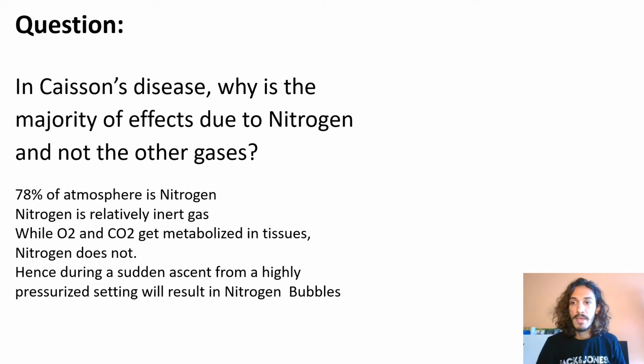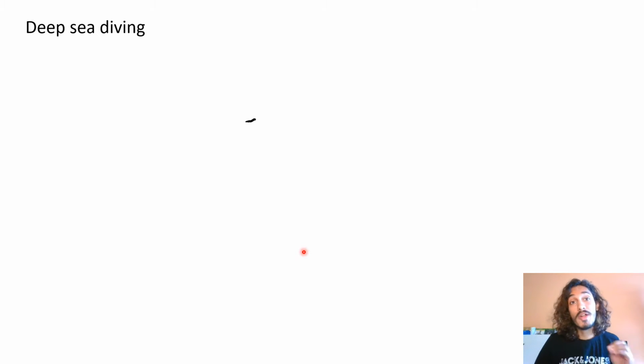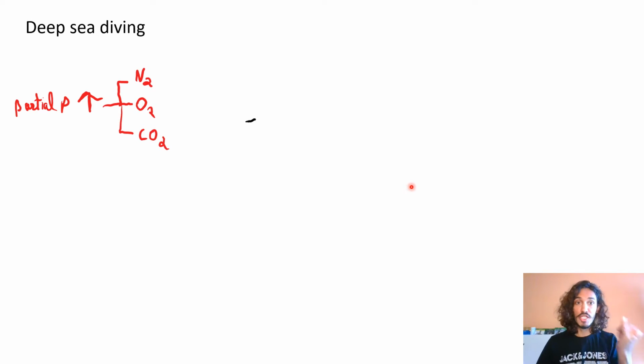So let's first understand what happens when we go deep down. When we go deep down, the column of air above us keeps increasing, so that basically increases the pressure. The partial pressure of all these things keeps increasing. So nitrogen, oxygen, carbon dioxide, these are the major components, and their partial pressure keeps increasing as we go down.